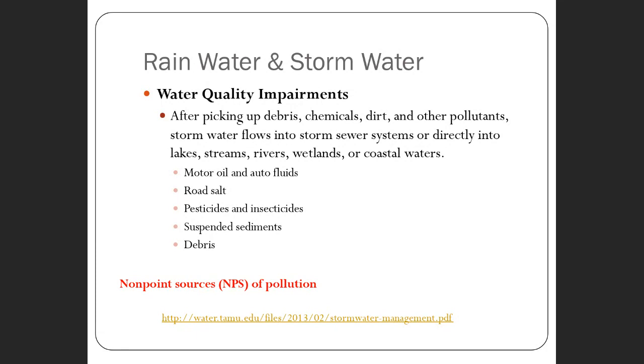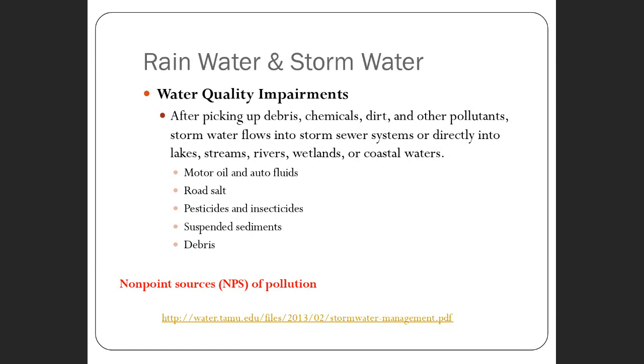So over the years that we've been trying to clean up our environment, we've been relatively successful at cleaning up point sources of pollution. A point source of water pollution would be the pipe where the factory used to dump stuff out into the river, right? That is a point source of pollution that's coming from a single point.